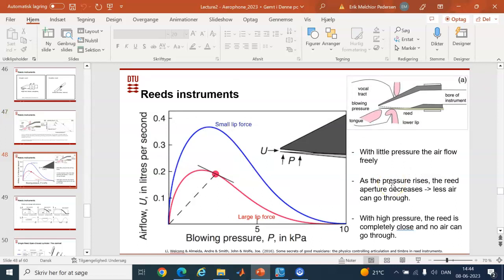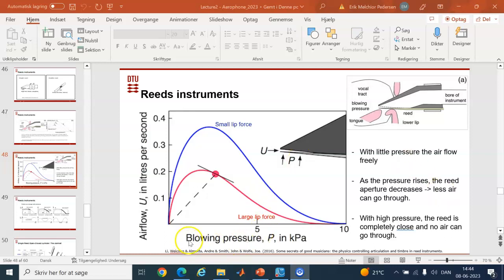As the pressure rises, the reed aperture decreases. If you blow more, the reed aperture decreases and less air can go through.